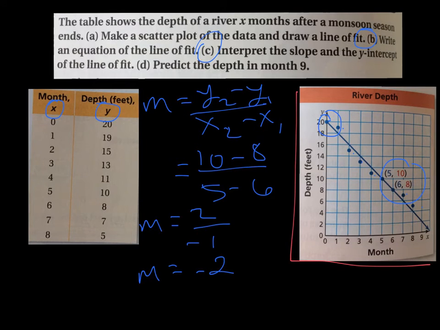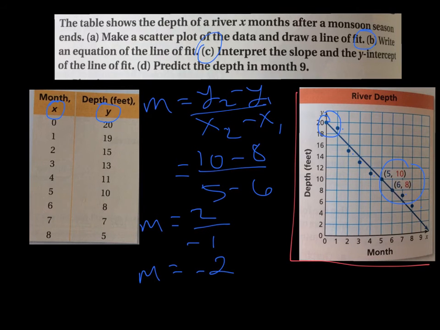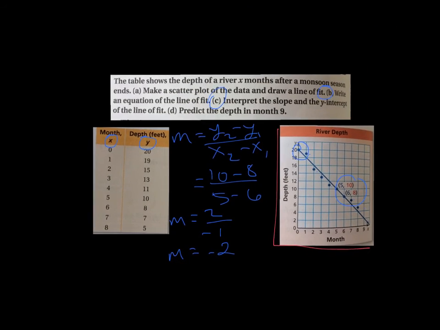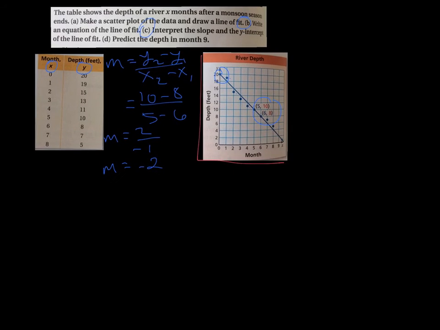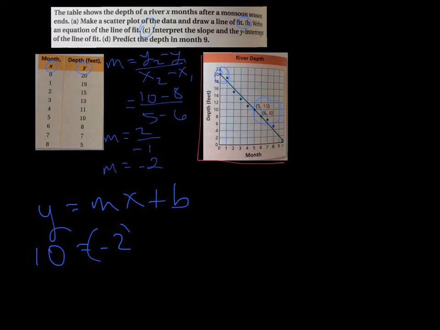And I'm now going to shrink this and just move it over. So now that I have my slope, I can take y equals mx plus b. So I'm going to just use 10 equals negative 2 times 5, right? I'm using this 5, 10 right there, that point, plus b.